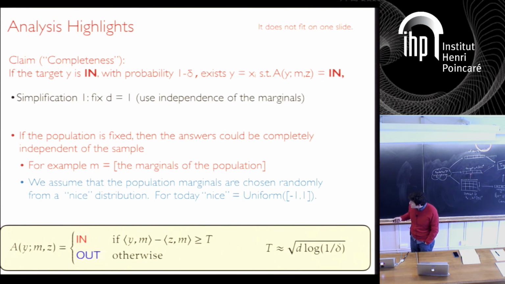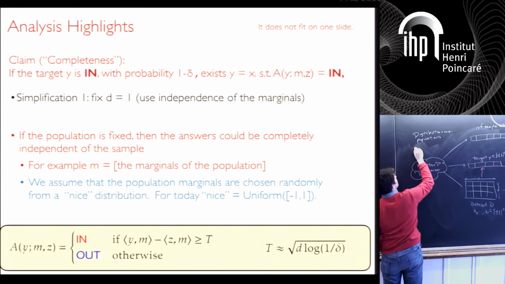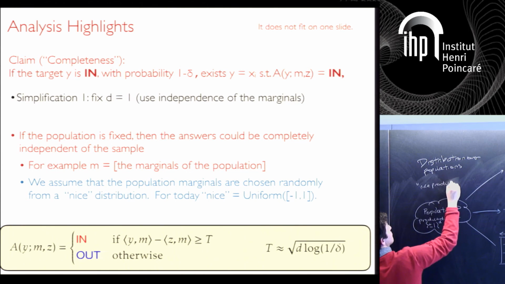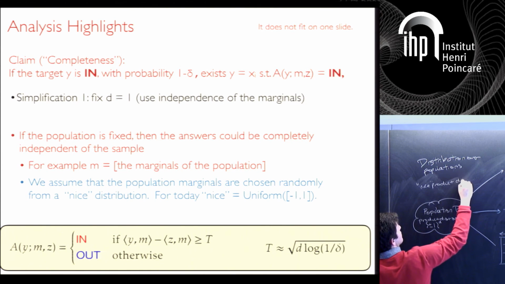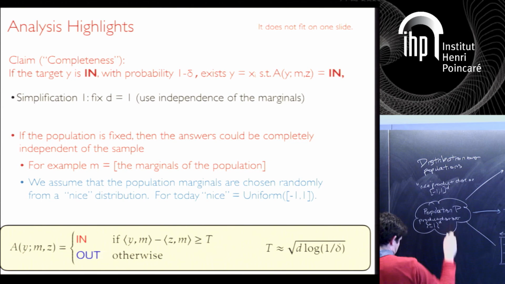And so what we need to do is assume that the population marginals themselves have a lot of uncertainty. So what we're going to do is add a distribution over populations, and this is itself going to be a nice product distribution on the marginals of the population.